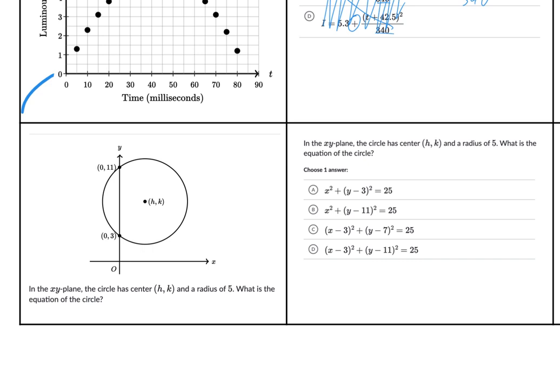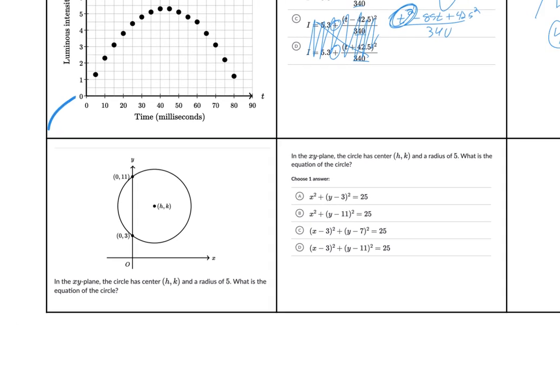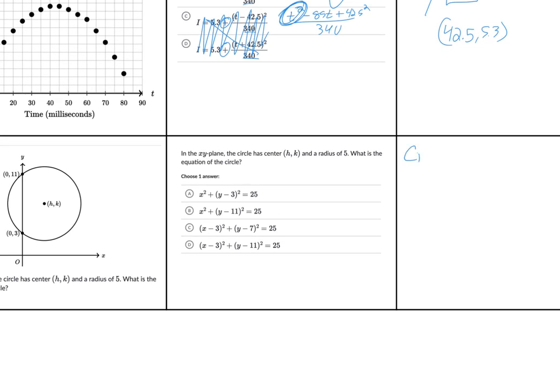In an xy plane, the circle has center h, k and a radius of 5. What is the equation of the circle? Okay, so let's review what we know about circles. X minus h squared plus y minus k squared equals r squared.